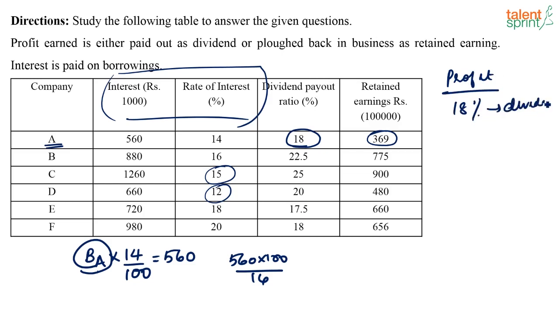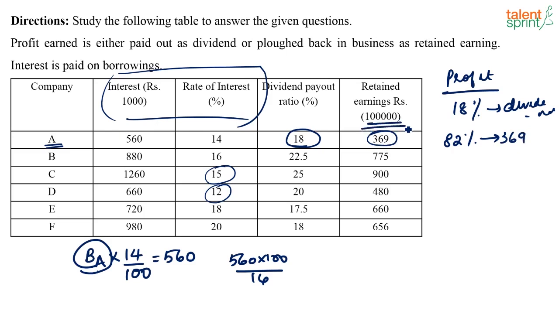So out of the total profit that A makes, it is giving 18% as dividend. What does it do with the remaining profit? That 82% of the remaining profit is retained in the company. This 82% is kept back in the company, and here they have given what this 82% is. If you look at company A, this 82% accounts to 369.